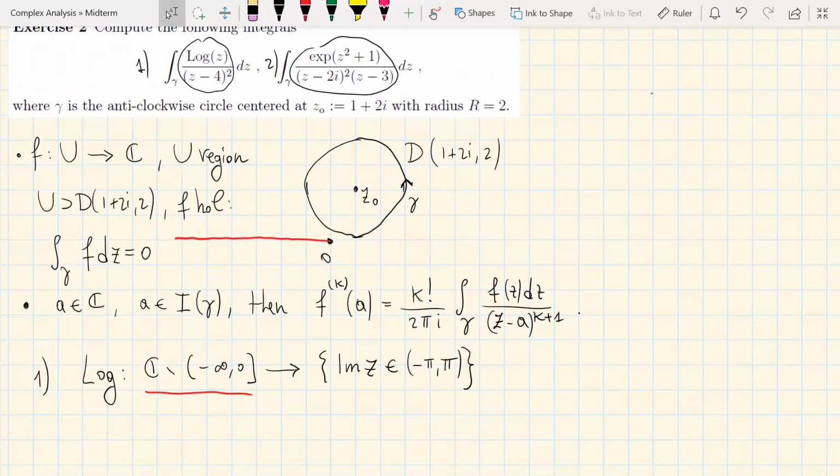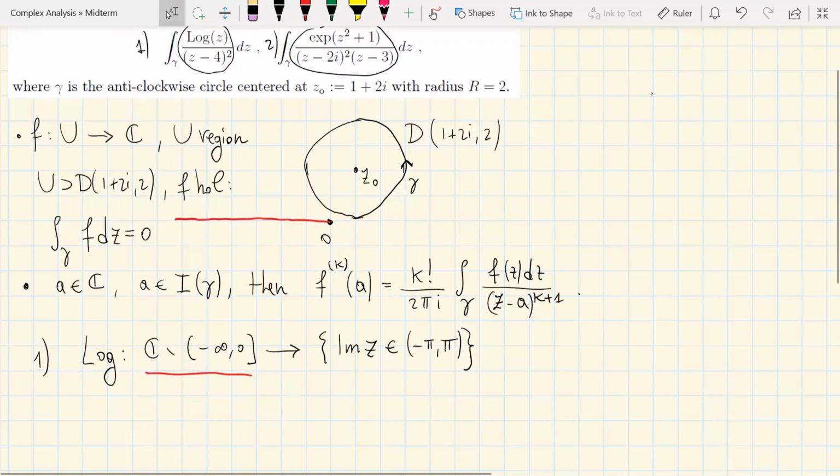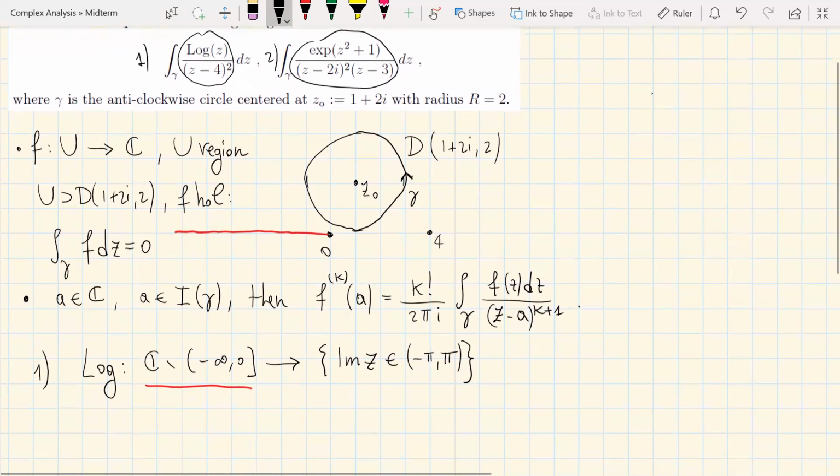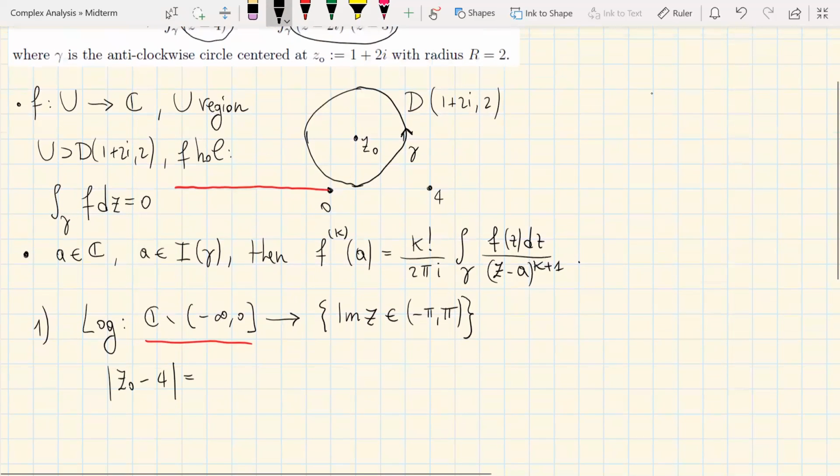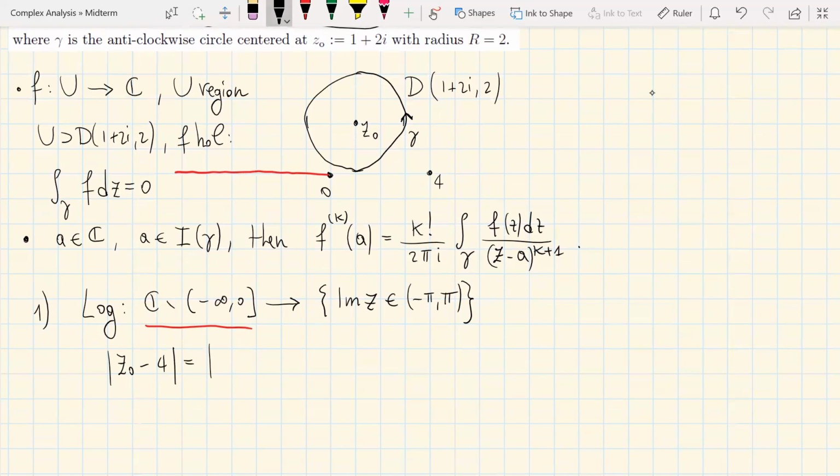And then we divide by z minus 4. And here we see that 4 lies outside the disk. So 4 is somewhere here. If you want to do this properly, then you should compute the norm of z0 minus 4. This is equal to the norm of 1 plus 2i minus 4, which is 3 plus 2i, the norm.